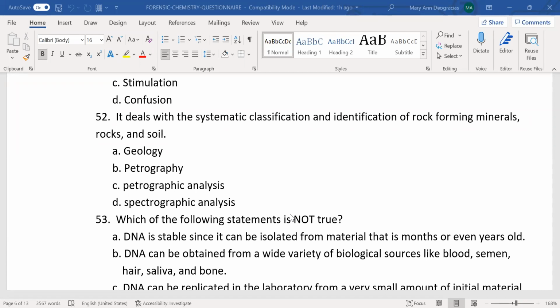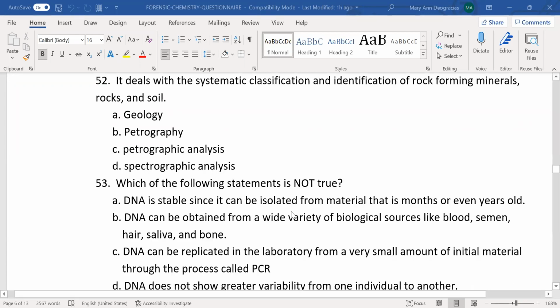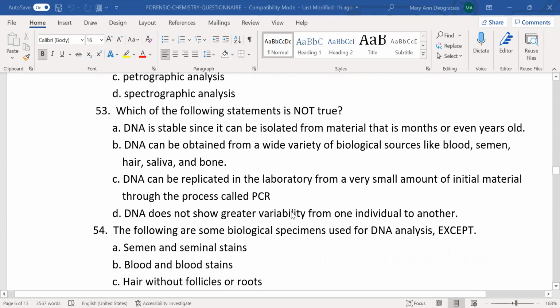Alright, next. Which of the following statements is not true? A, DNA is stable since it can be isolated from material that is months or even years old. B, DNA can be obtained from a wide variety of biological sources like blood, semen, hair, saliva, and bones.